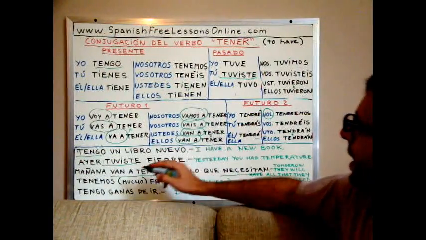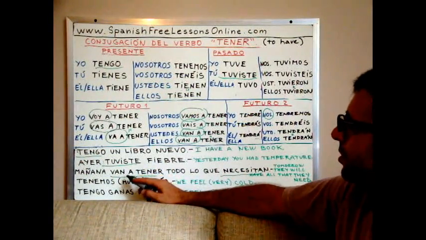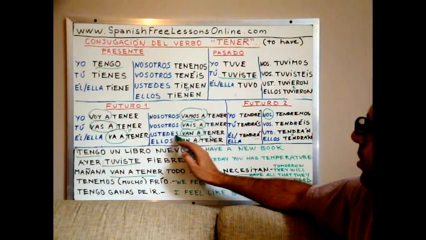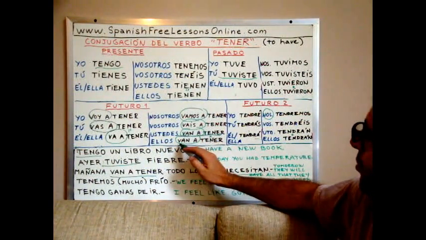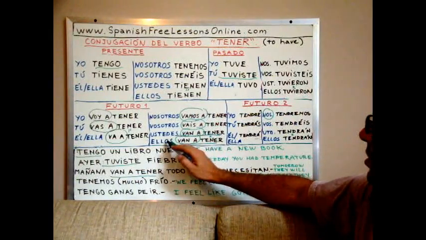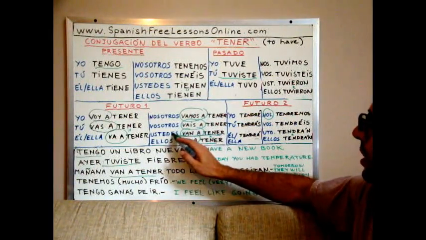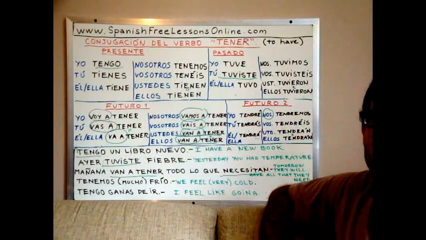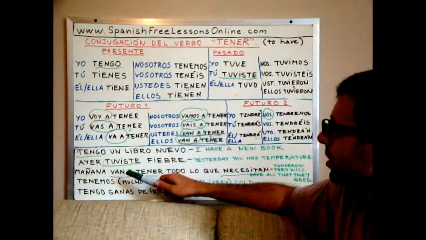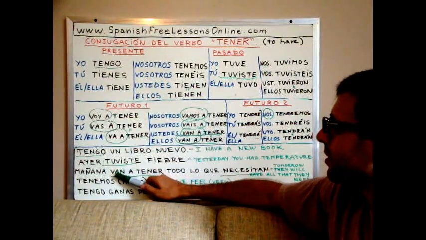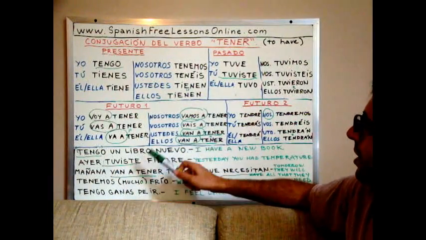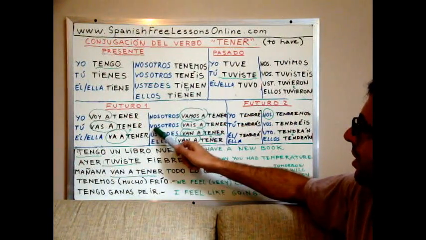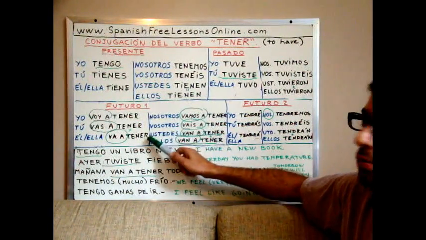So van a tener is future tense for ustedes or ellos, right? We don't know actually if it is they or if it is you plural, ustedes, right? So without a proper context, we cannot know if this here, van a tener, is they will have or you will have. You will have in the Latin American way of speaking, right?